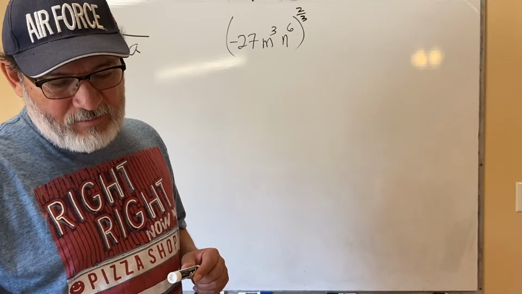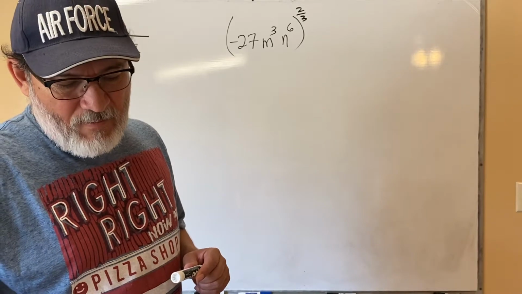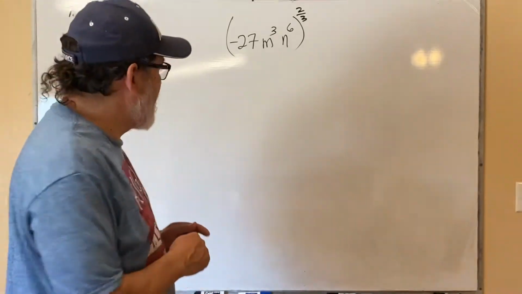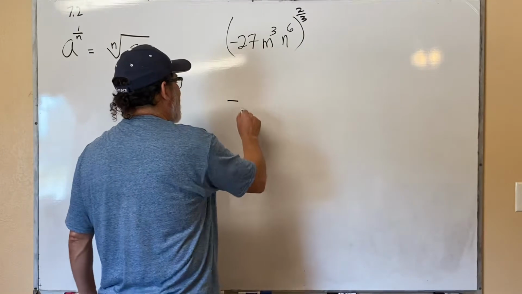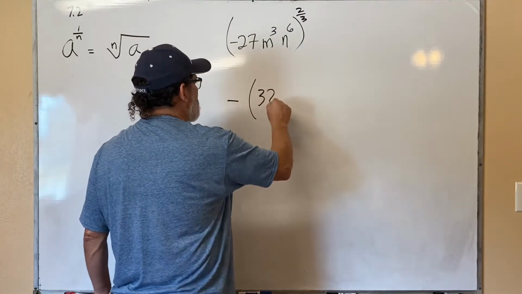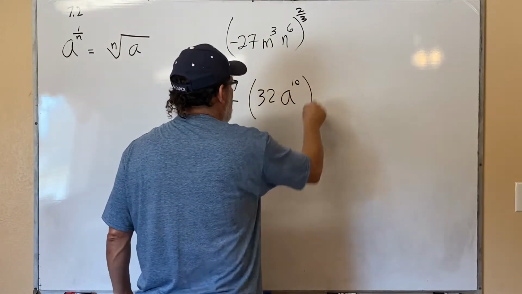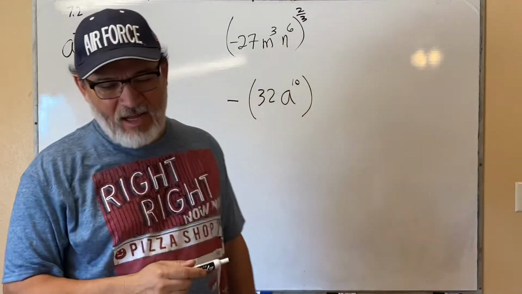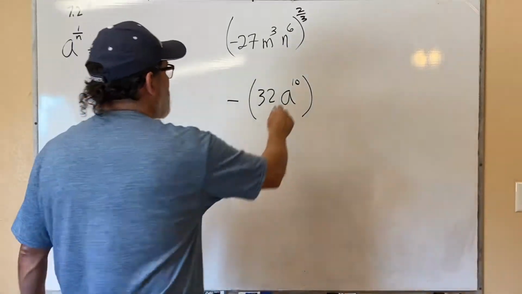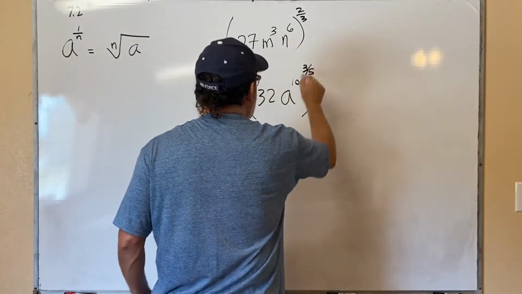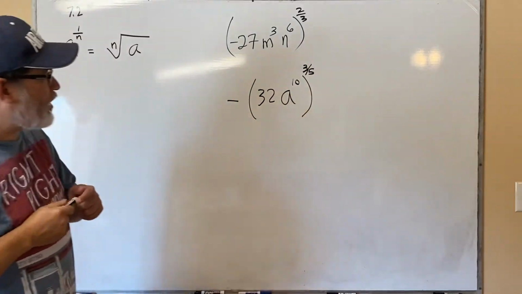Negative, and then parentheses, 32 a to the 10th, and this is raised to the 3/5. Okay?